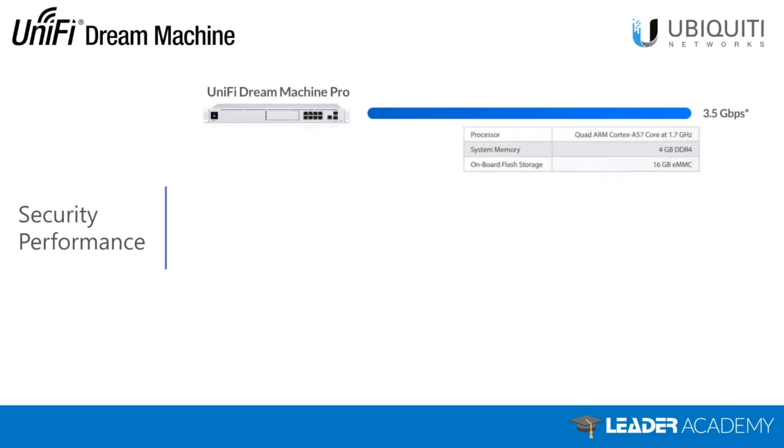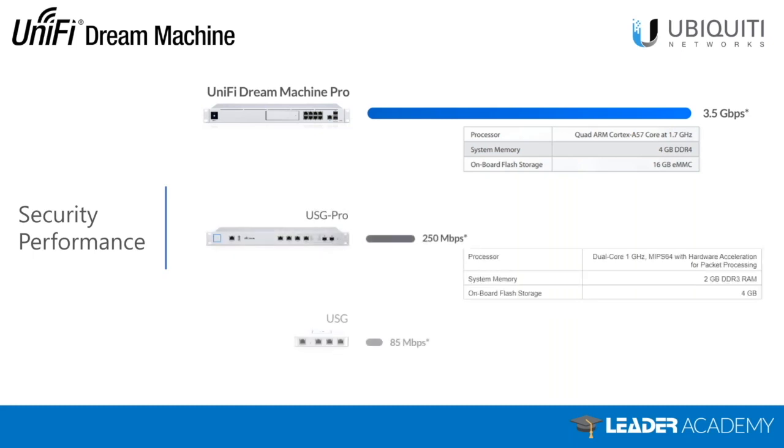As we've also mentioned, this is mainly due to the upgrade in performance hardware built into the UDM Pro, and that's across its new quad-core ARM processor. With everything turned on, we're still able to get 3.5 gigabits worth of IPS and IDS throughput performance. But just showing off the USG and USG Pro here, we don't want to discourage them.